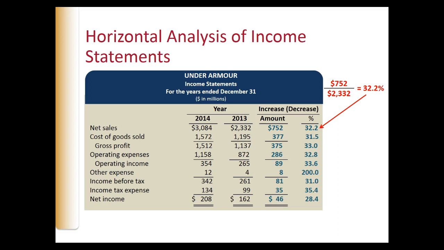Income before tax increased by 31%, which is the $81 divided by the 261, and then net income increased 28.4%, which is the $46 divided by the $162. Now the growth in these income measures is pretty impressive.